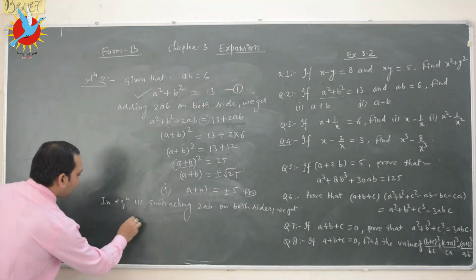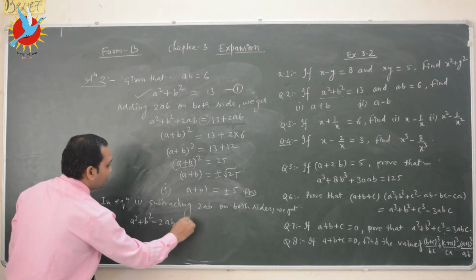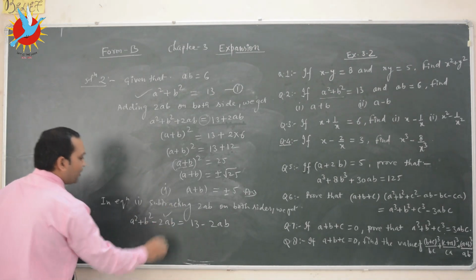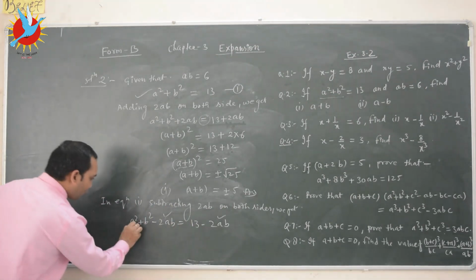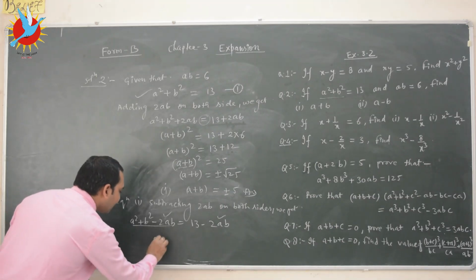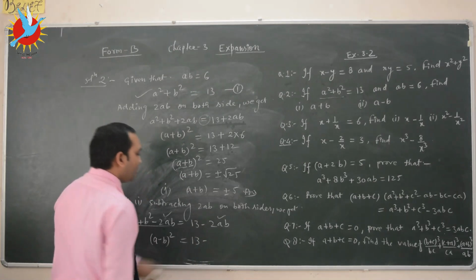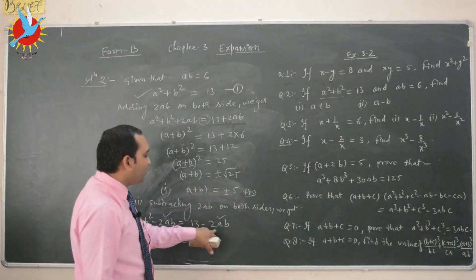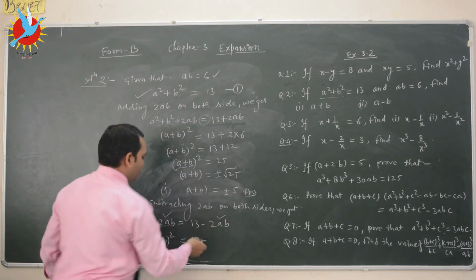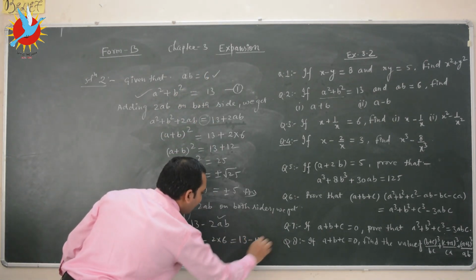so we subtract: a square plus b square minus 2ab is equal to 13 minus 2ab, and we know the value of ab. This whole thing is the formula of a square plus b square minus 2ab, which is (a minus b) whole square, equal to 13 minus 2ab, means 2 into ab. ab is equal to 6, so 2 into 6, which is equal to 13 minus 12.